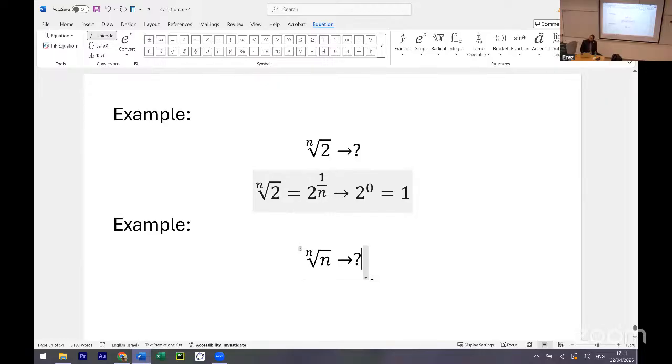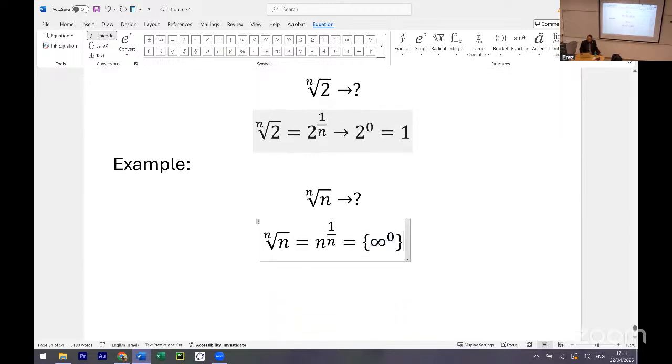Here we cannot go the same way, because if we say that the n root of n is n to the power of 1 over n, which is true, we get infinity to the power of 0, which is a problematic case because it depends on how large is the infinity and how small is the 0. You cannot do arithmetics in these kind of cases.